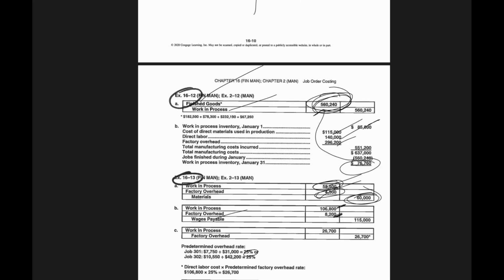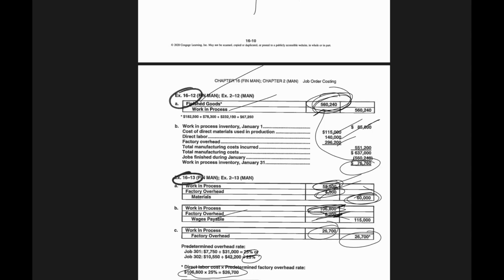10,500 divided by the 42.2 is also 25%. So if we are looking at all of the labor, 106,800, we don't use the indirect. 106,800 times 25% would tell us we are taking 26,700 out of overhead and applying it to the job.